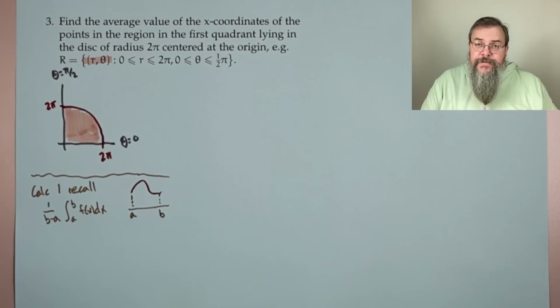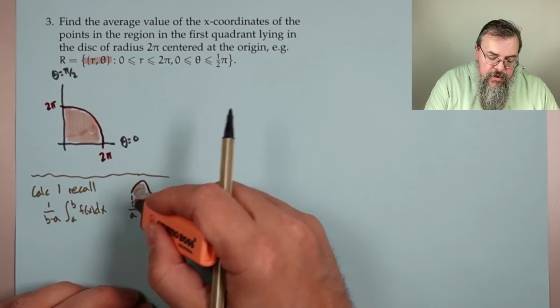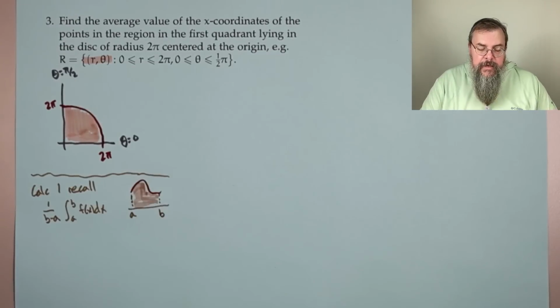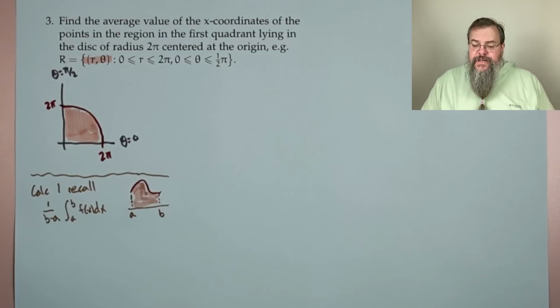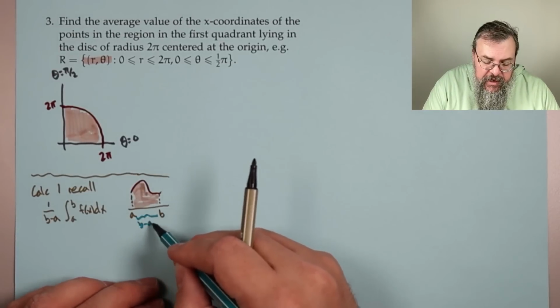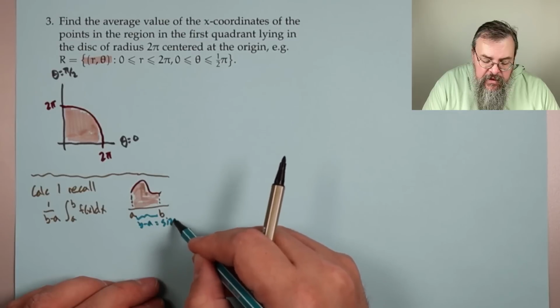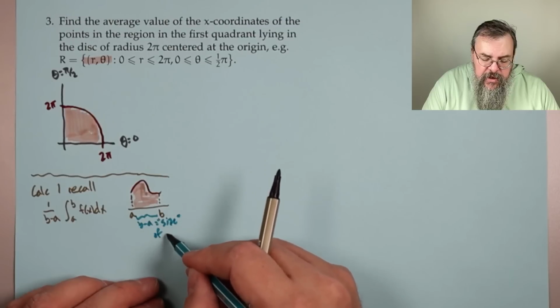What does b minus a correspond to in this picture? When we look at it, b minus a is how far apart a and b are. Another way to think about it is that b minus a is the size, I'll put size in quotes, of our region.